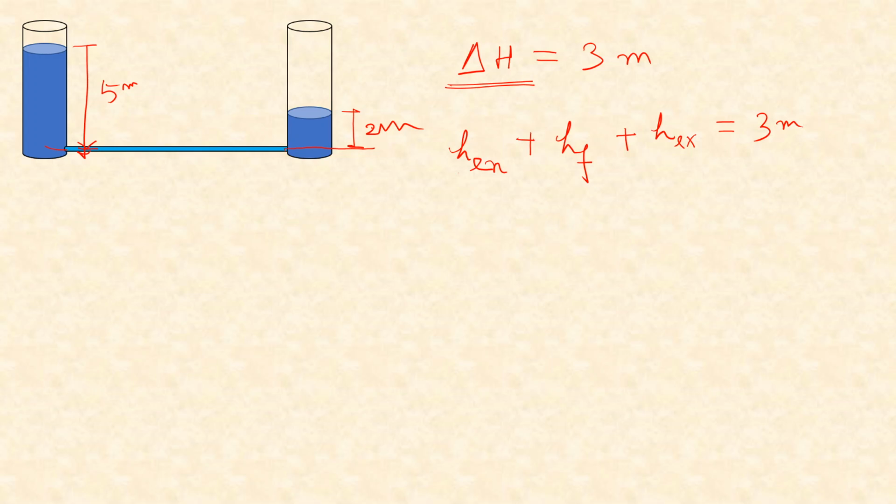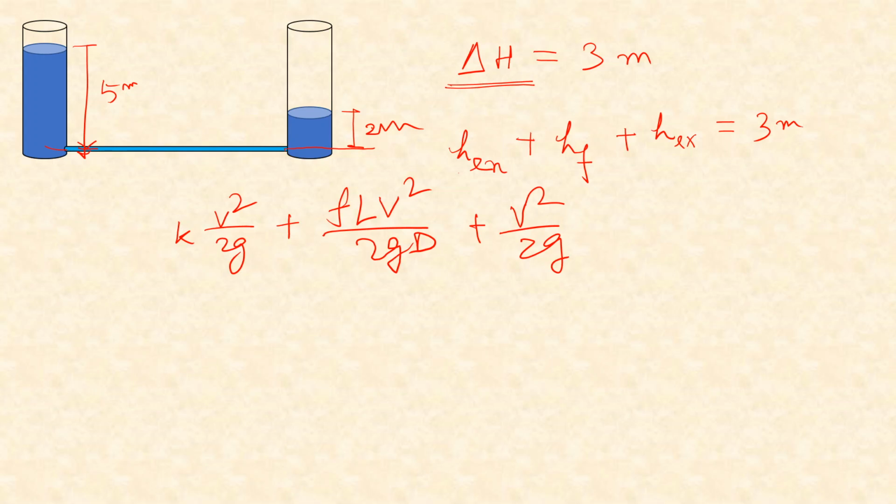Now let's write their formulas one by one. K into v square by 2g plus f L v square by 2g d plus v square by 2g, that is equal to 3 meter.